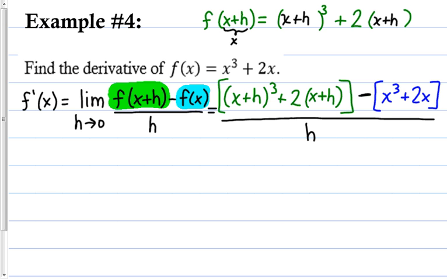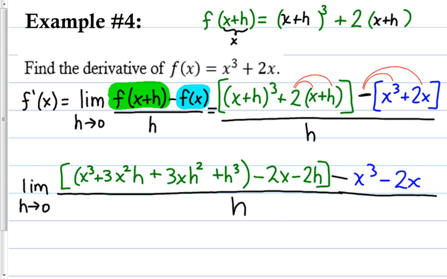So you're going to have to do x plus h times x plus h times x plus h, and then distribute the 2. I'm going to do that off the screen because you should be able to do that. Okay, so I expanded this. If you can see the yellow, x plus h, that quantity cubed, is all of this.